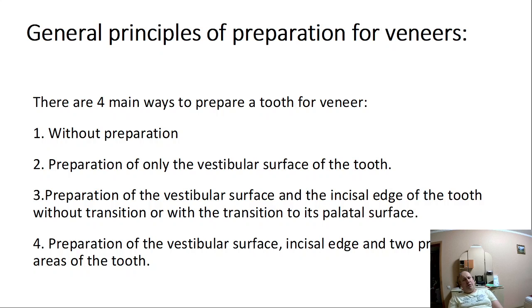Preparation of the vestibular surface and the incisal edge of the tooth, without transition or with transition to its palatal surface, for example, lower jaw teeth. Preparation of the vestibular surface, incisal edge, and two proximal areas of the tooth.